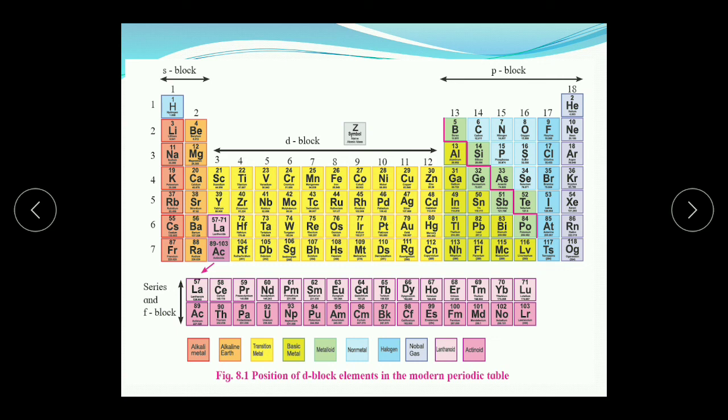That means atomic number is very important if we want to understand the chemical and physical properties of any element. So atomic number, we can say, is the identity of that element that decides all its chemical properties. This arrangement in 4 blocks S, P, D, and F is based on the electronic configuration, that is on the atomic number.